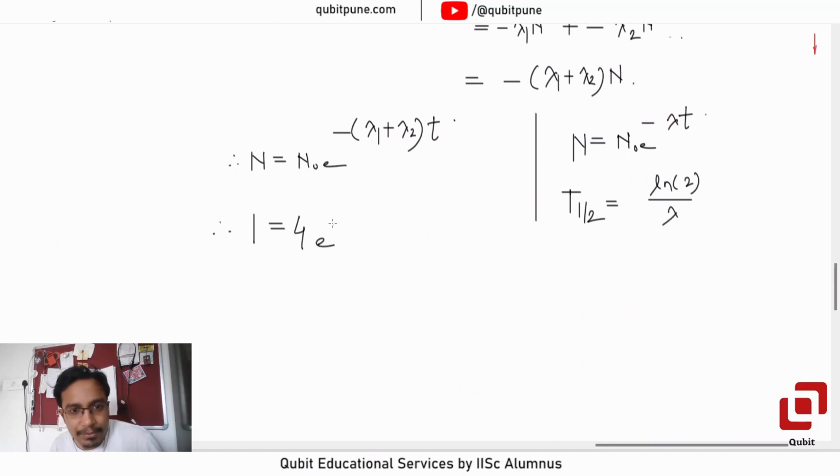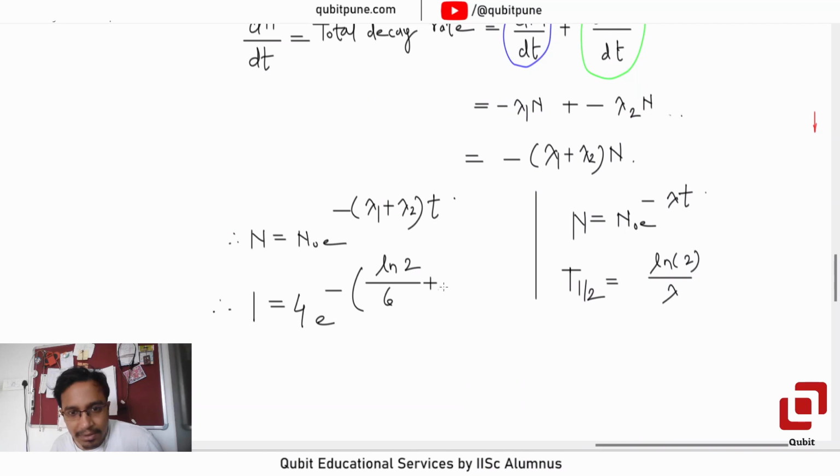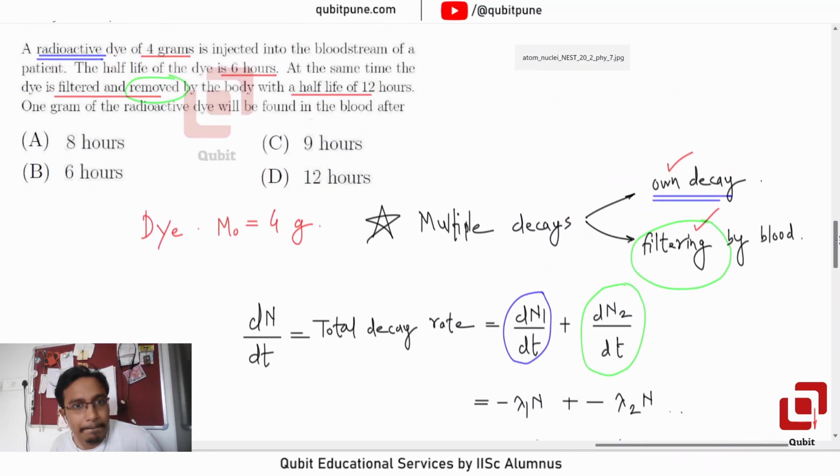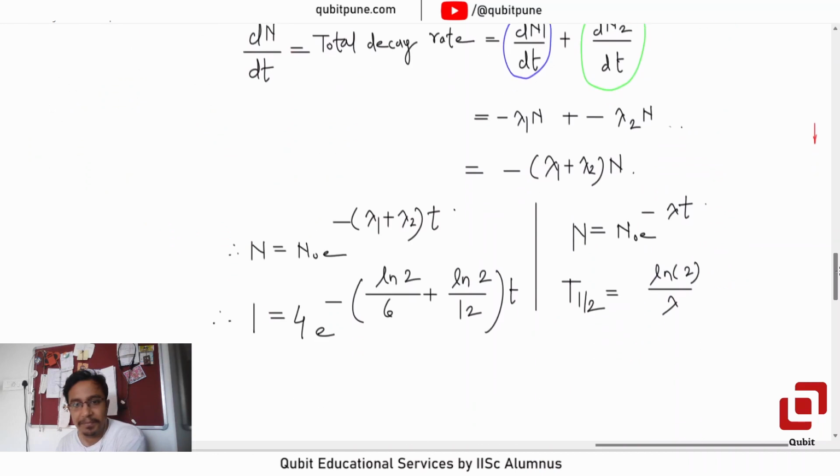Lambda 1 plus lambda 2. Lambda 1 is ln2 by how much? 6. Lambda 2 is ln2 by 12, times t. Correct? Because the second process has half-life of 12 hours.